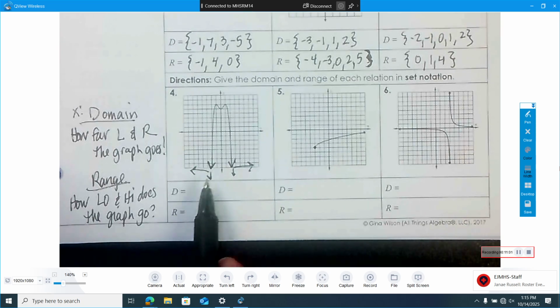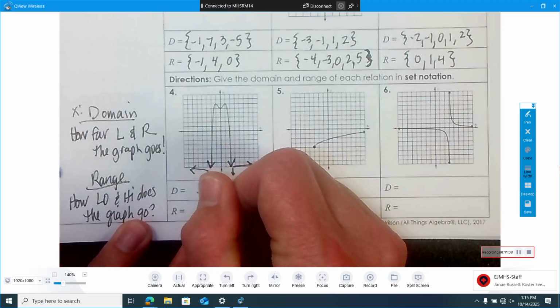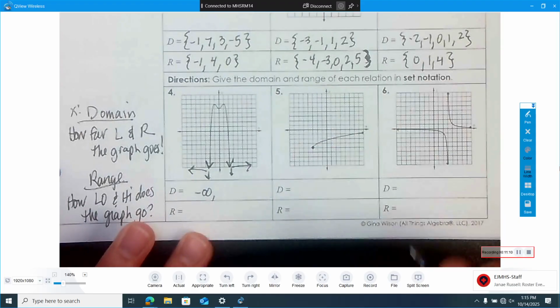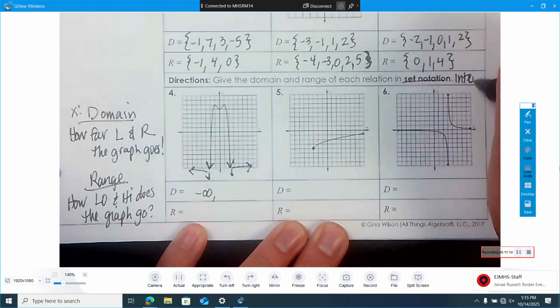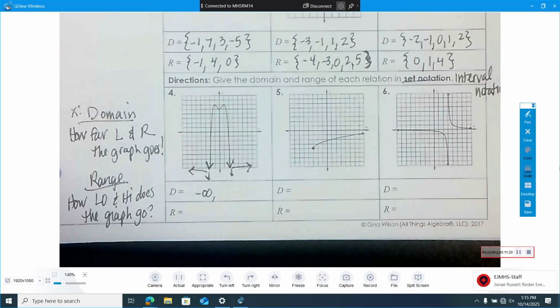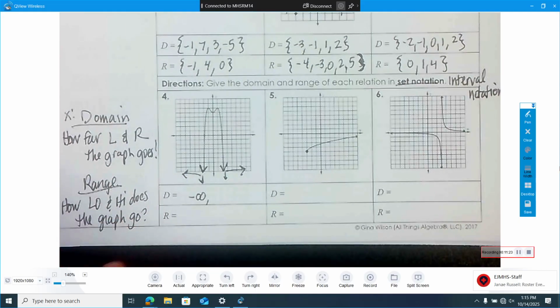Okay. So how far to the left is that arrow going to go? Infinitely to the left, which would be negative infinity. We are not using set notation. We're using interval notation. Because I hate set notation. It's antiquated. Okay.